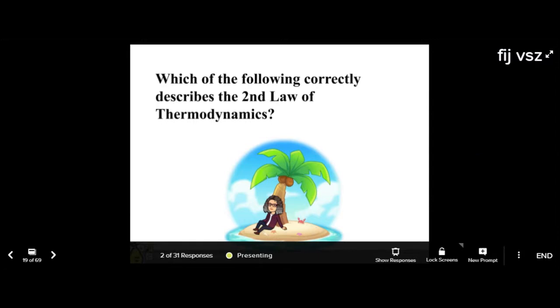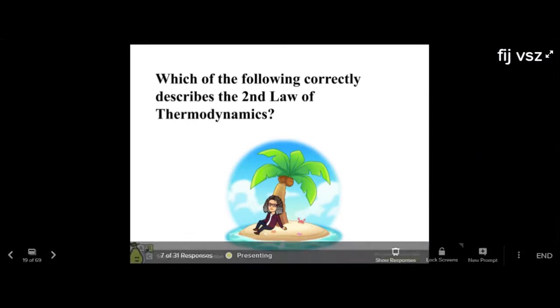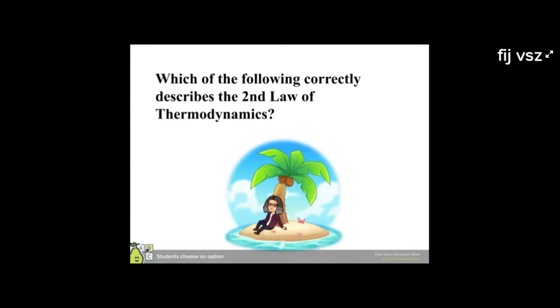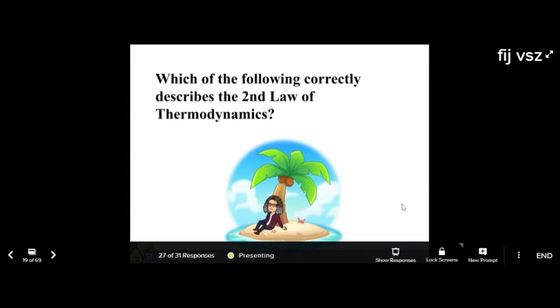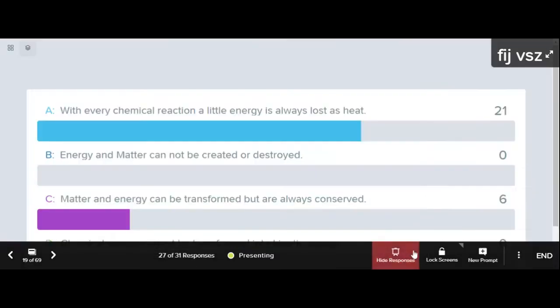Okay, so now, which of these correctly describes the second law of thermodynamics? Right, a little energy is always lost as heat. Yes.